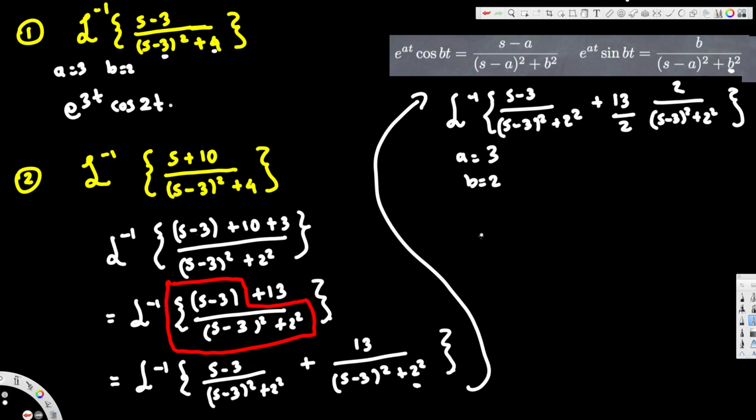So this is going to be e^(3t) cos 2t, plus 13 over 2, which is just a multiplication, times e^(3t) sin 2t. That's our inverse Laplace transform for the given function. I hope this helps. Thanks for watching.